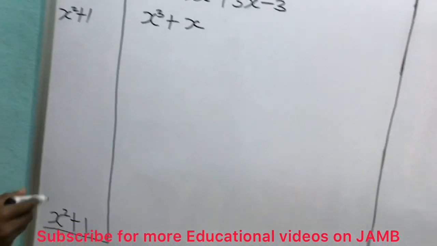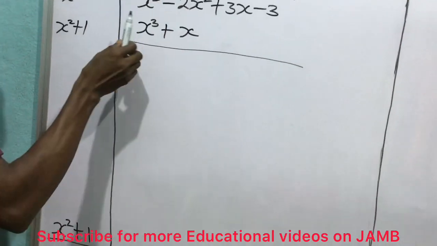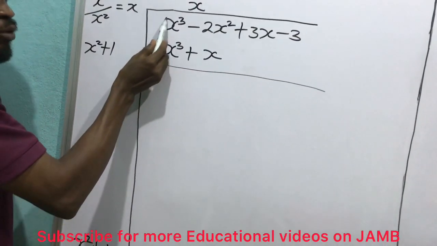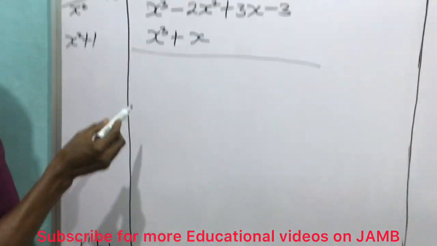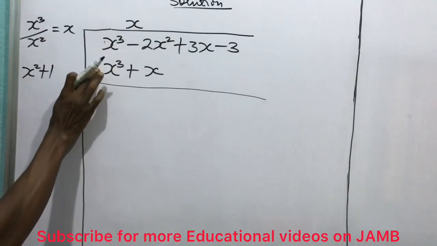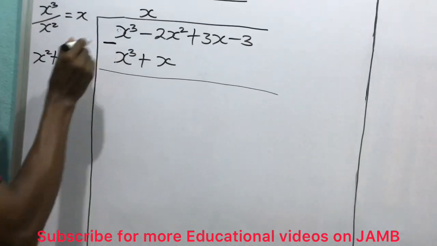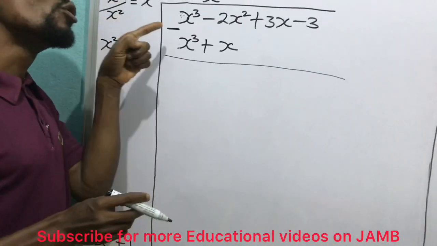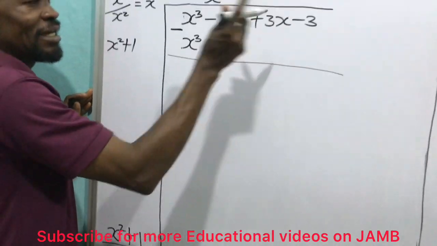As it gives me that, I look at it: this place positive, here positive. What I want to eliminate has the same sign. Because they have the same sign, I'm going to use subtraction.